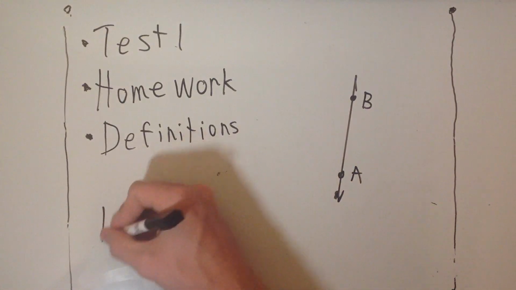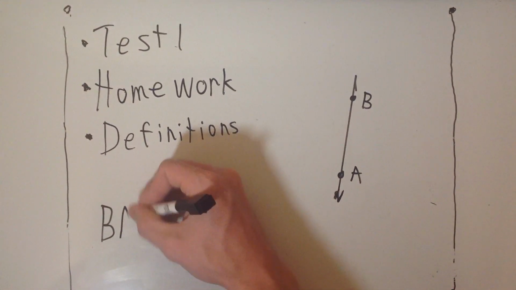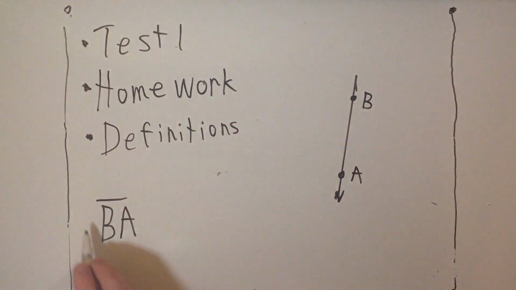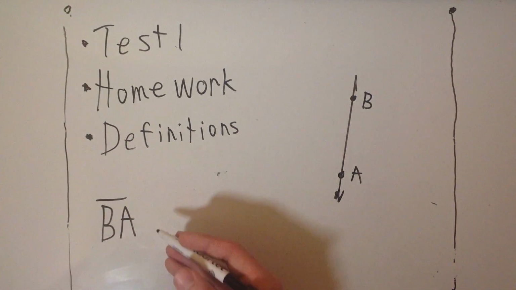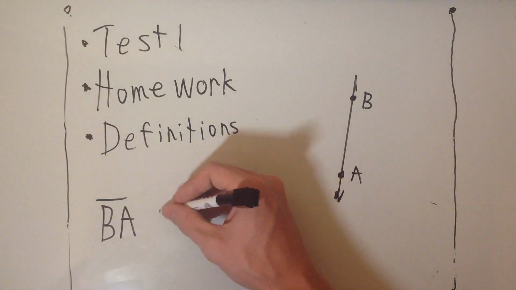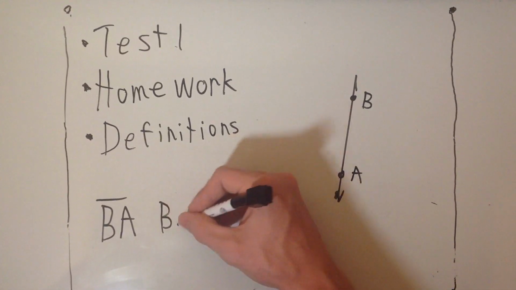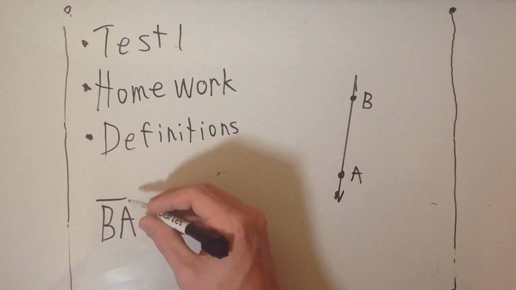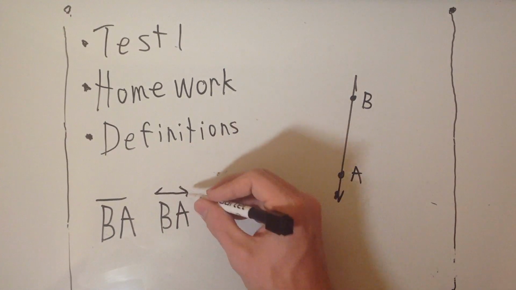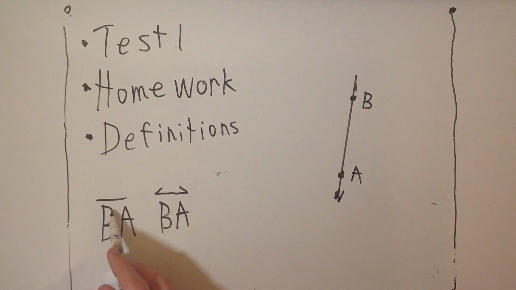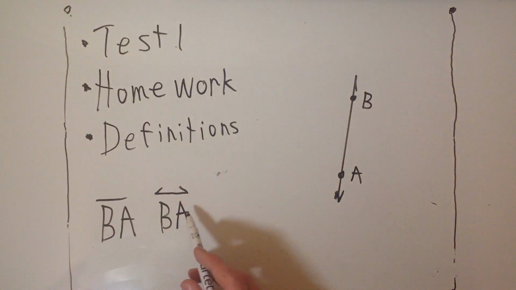So first off, we have line segment BA denoted by just the line over top, and you can write that AB as well. For lines and line segments, the order does not matter. Now, the difference between a line and a line segment is a line has arrows above it. Line segment, no arrows. Line, arrows.